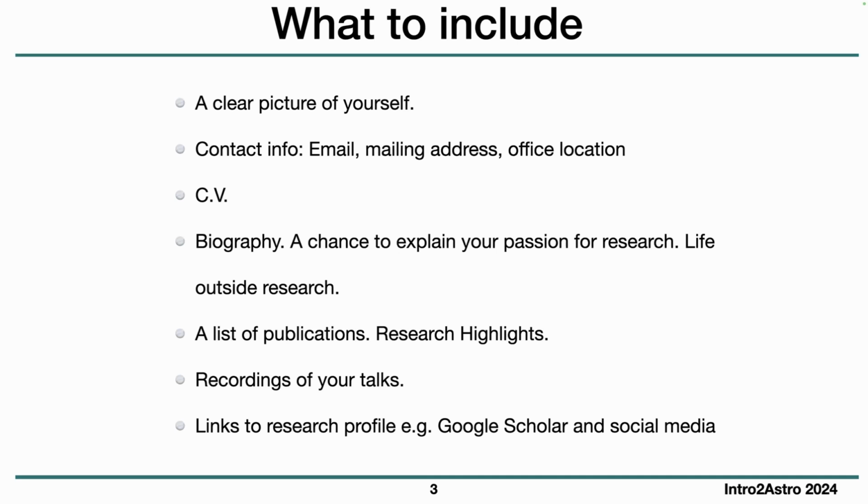You should put it somewhere obvious, maybe at the very front, with a downloadable link so that people can have the PDF version. You can also write a very short autobiography, your life story, where you grew up, what led you to researching astronomy. And you can also talk about your hobbies outside research.